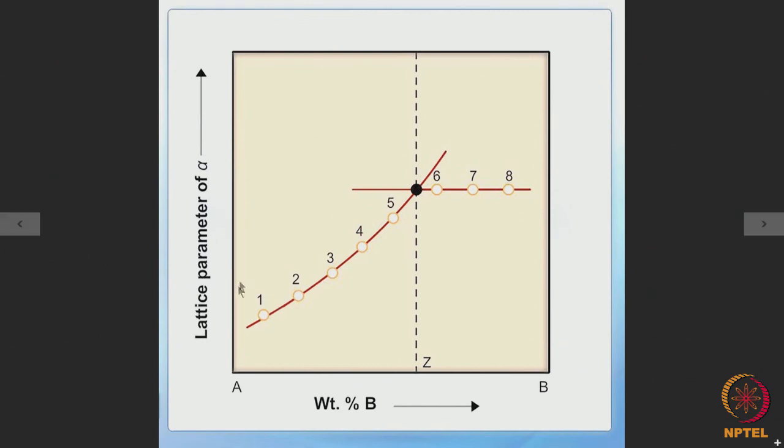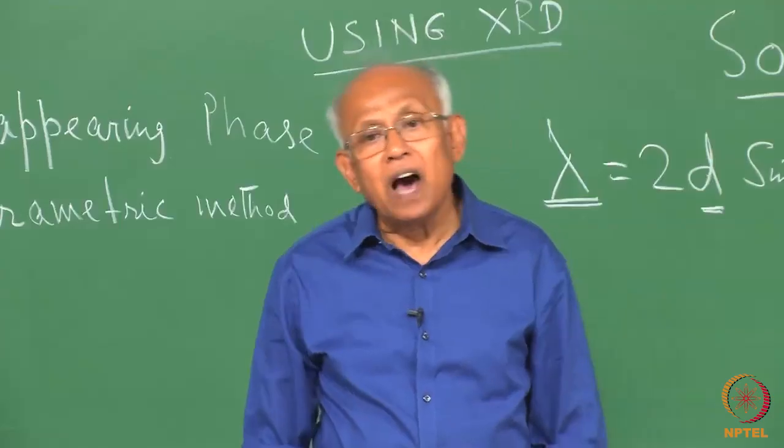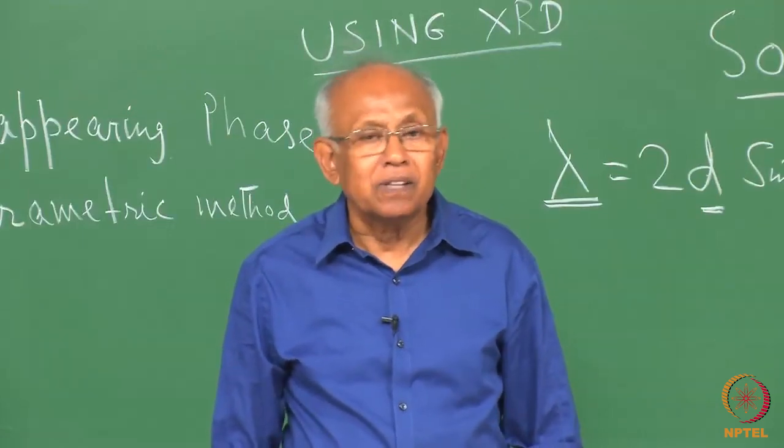So, this line will be a much flatter line, and when we find the point of intersection of two flatter lines, it is very difficult to pinpoint where they have intersected. So, in such cases the parametric method may not be very useful, and we must find other methods to determine the phase diagram.